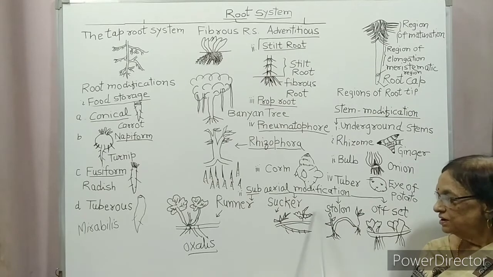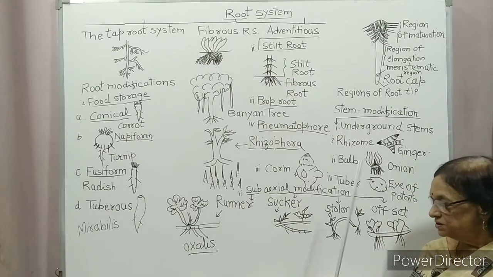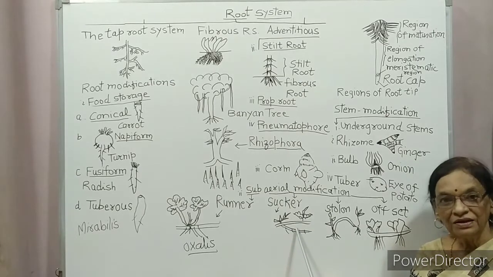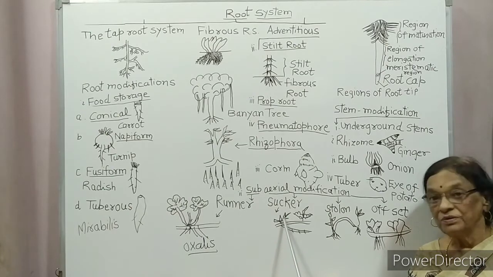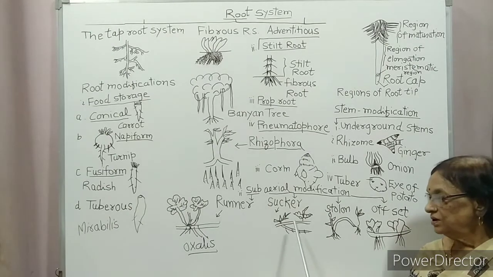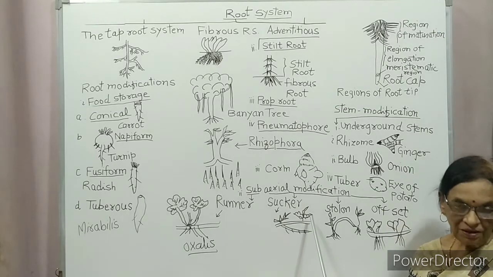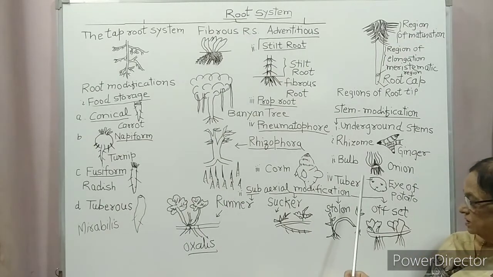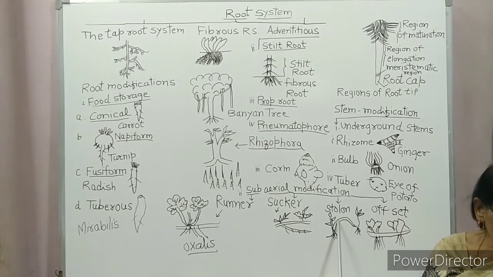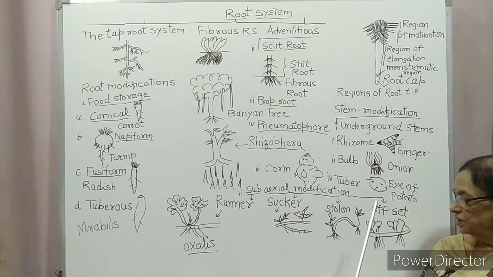Example is chrysanthemum. So what is a sucker? A branch arising inside the soil. It is oblique. Suddenly a branch develops above the soil, develops leaf and branches, and this structure is called sucker. Example, chrysanthemum.